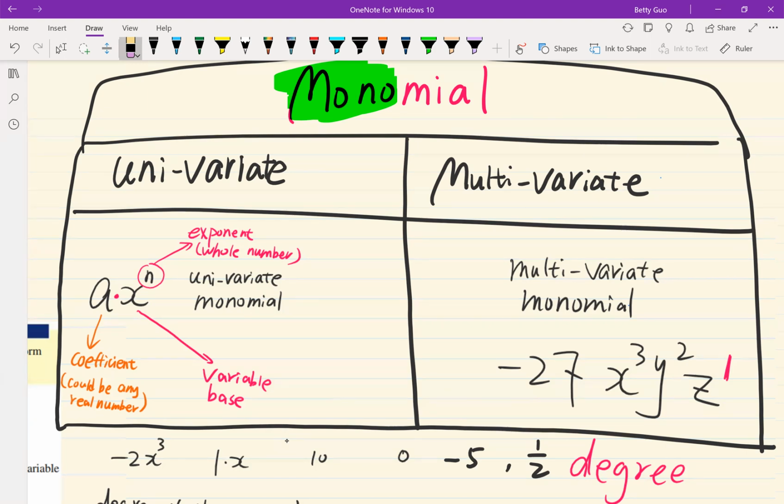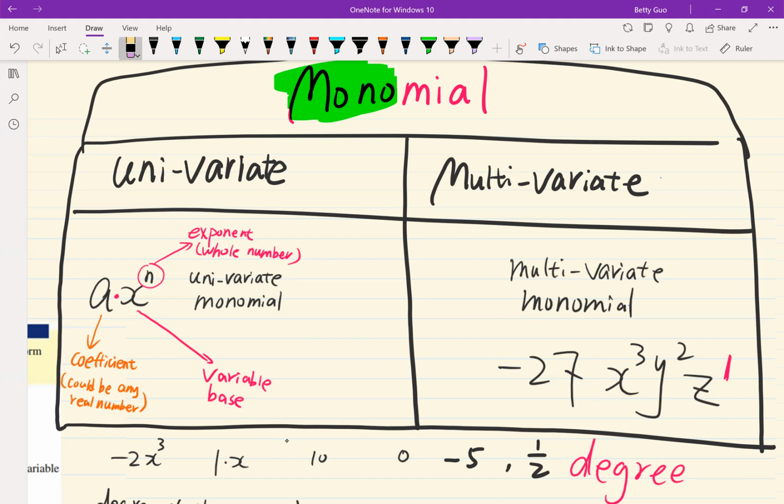In intermediate algebra, the last chapter, we study polynomials, and then you factor and operate polynomials. So polynomial is super important, and a monomial is the smallest unit of a polynomial.